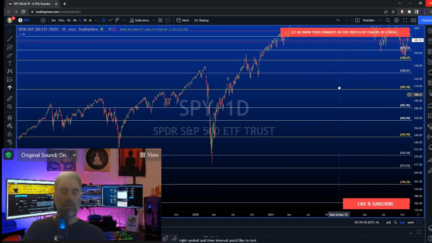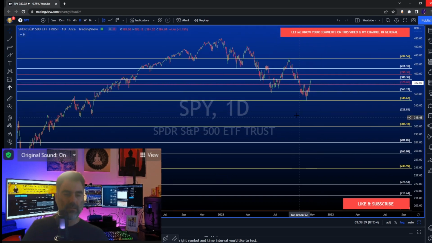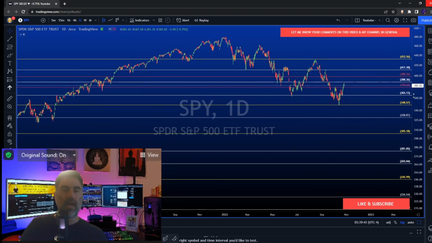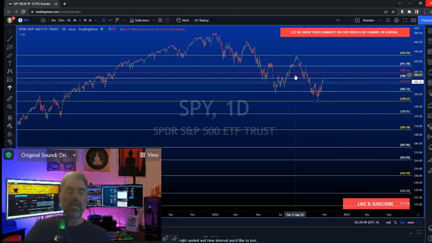Fibonacci gave it to me. And it also gave me almost the COVID lows. So I can trust Fibonacci to give me the most accurate support and resistance areas for price action into the future.